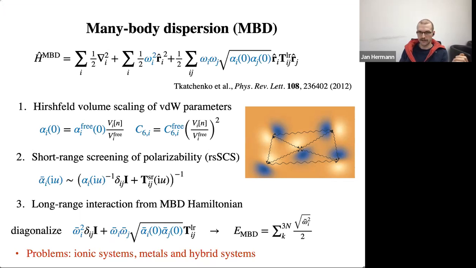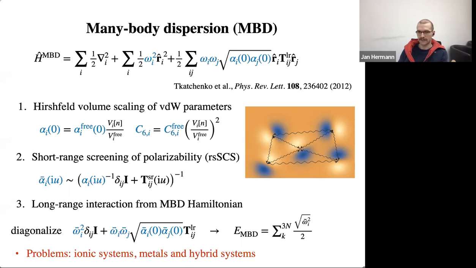Now assuming that you've parameterized those oscillators such that the long-range electrodynamic response of them is similar to the long-range electrodynamic response of the actual atoms that you're modeling, then the long-range van der Waals interaction should also correspond to the true one, right? And so then this whole setup turns into the problem of how you parameterize those oscillators.